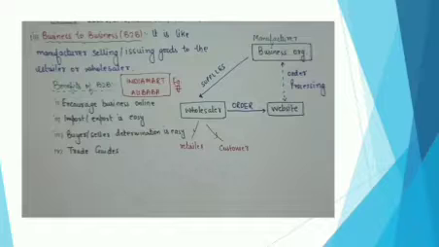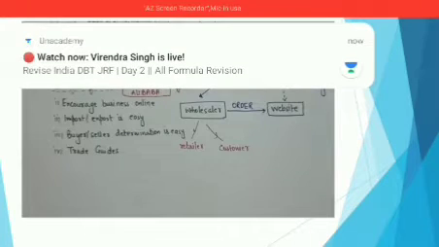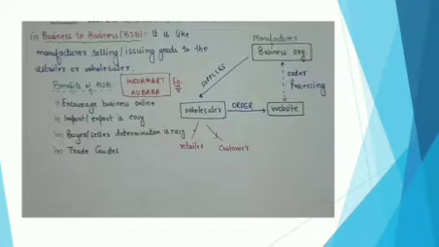The simple diagram shows how business to business e-commerce happens. A wholesaler orders a product with the help of a website. Whatever product the wholesaler ordered will be processed by the business organizations or the manufacturers.